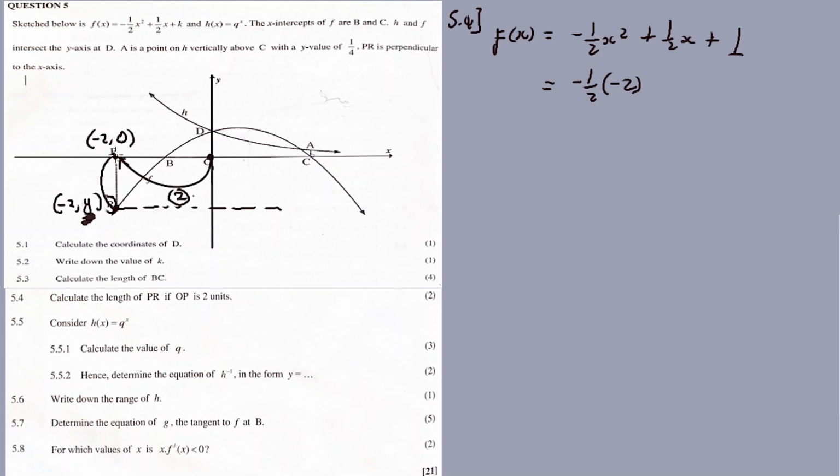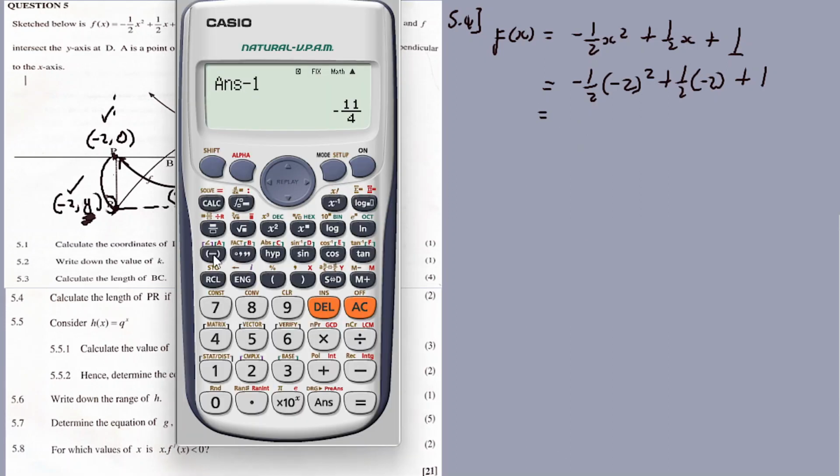Since P and R are connected by a perpendicular line to the x-axis, their x coordinates are the same, don't be surprised. So here it's minus 2 plus 1: negative 1 over 2 times negative 2 squared plus 1 over 2 times negative 2 plus 1.